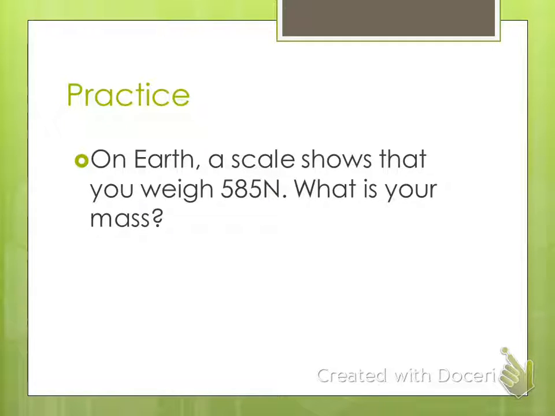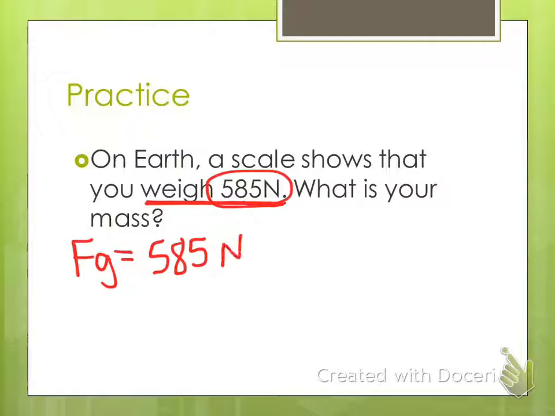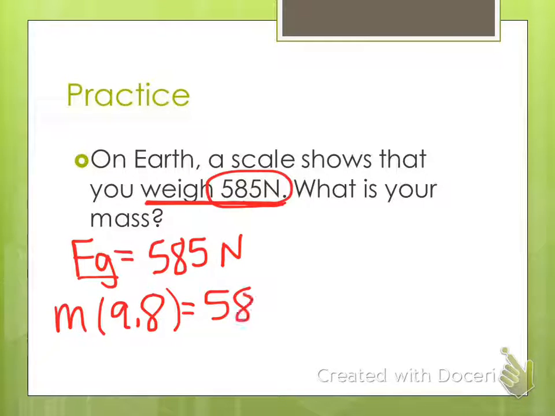Okay, this is a little simpler than the problem we just did. It says we weigh this many newtons. So what does that mean this force is equal to? Yeah, that means this is Fg, 585 newtons. And we know that Fg is mass times 9.8. So to find our mass, all we're doing is dividing by 9.8. That's literally it.